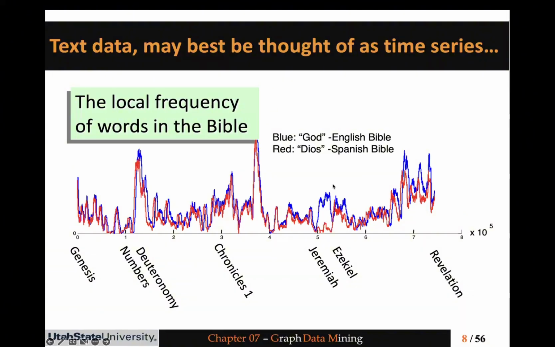The red signal is the text in Spanish, versus the blue signal here, which is the same text of the same Bible translated from English into Spanish. The English time series is the equivalent signal in the English text here.